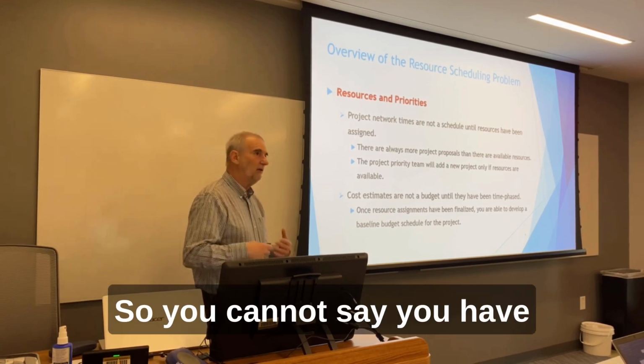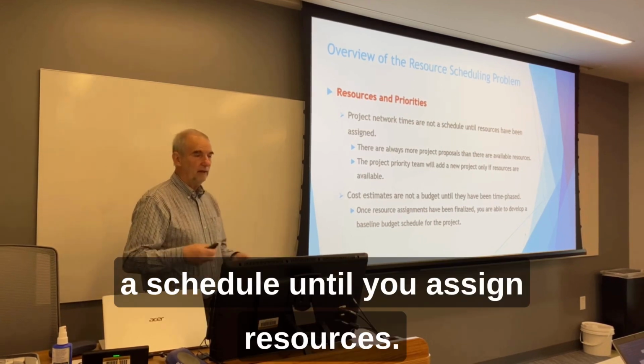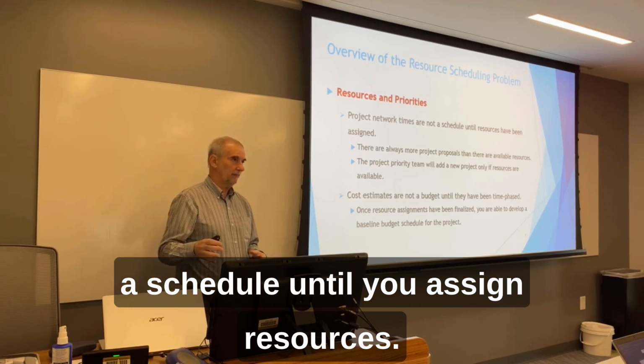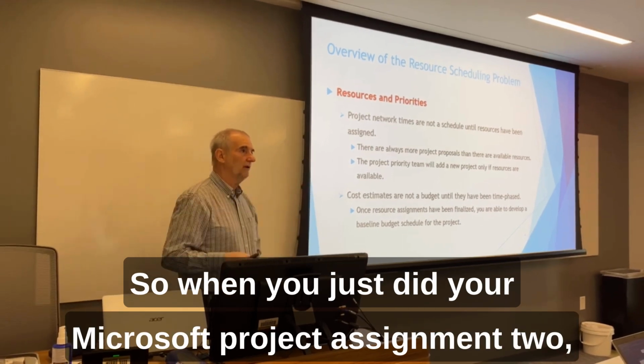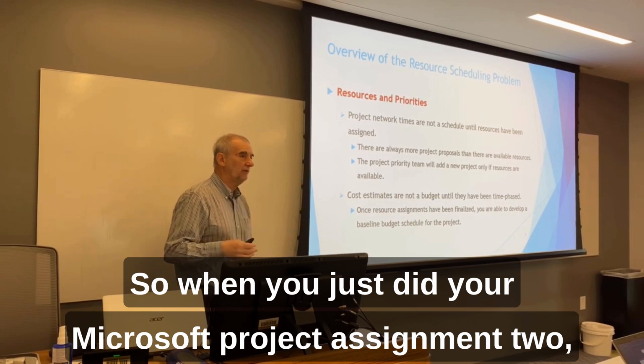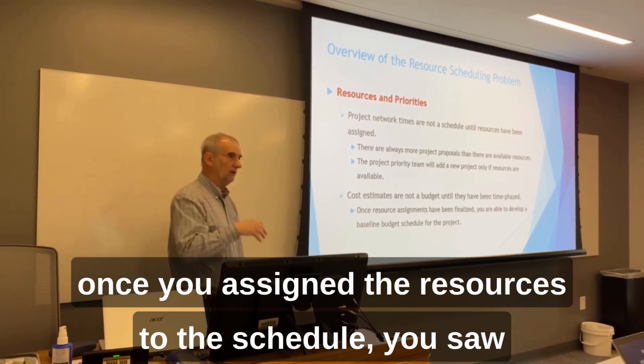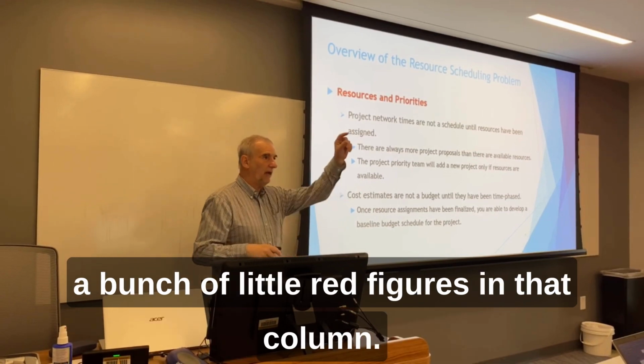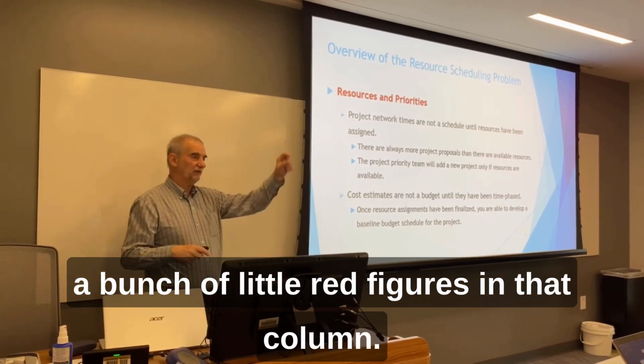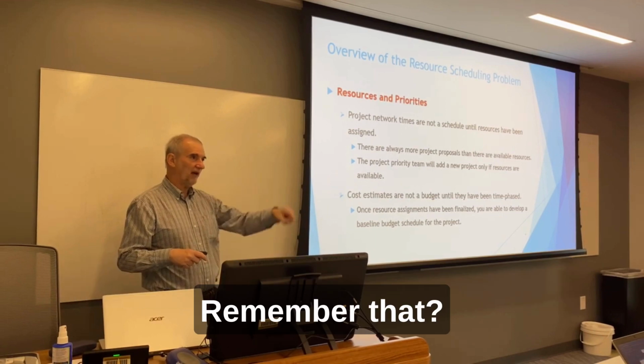You cannot say you have a schedule until you assign resources. So when you just did your Microsoft Project Assignment 2, once you assigned the resources to the schedule, you saw a bunch of little red figures in that column. Remember that?